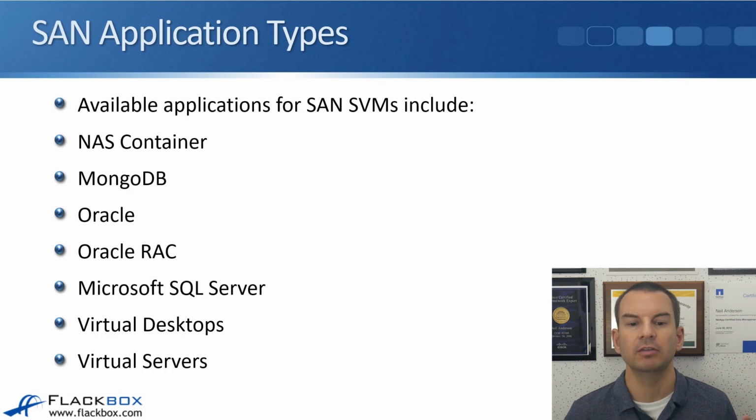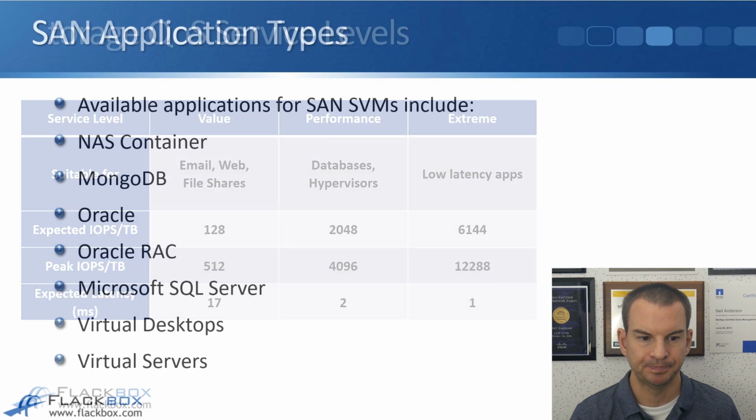And if you're configuring this on a SAN SVM, all of those options are also still available, and an additional one is MongoDB. So when you configure this, you need to have created the SVM first, because when you run the wizard, you specify the SVM that this application is going to be in, but everything else after doing the SVM is going to be automagically done for you by the wizard.